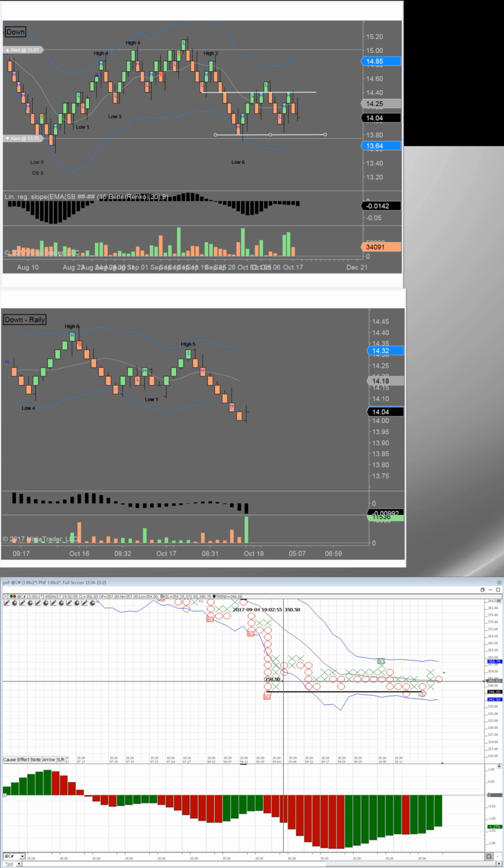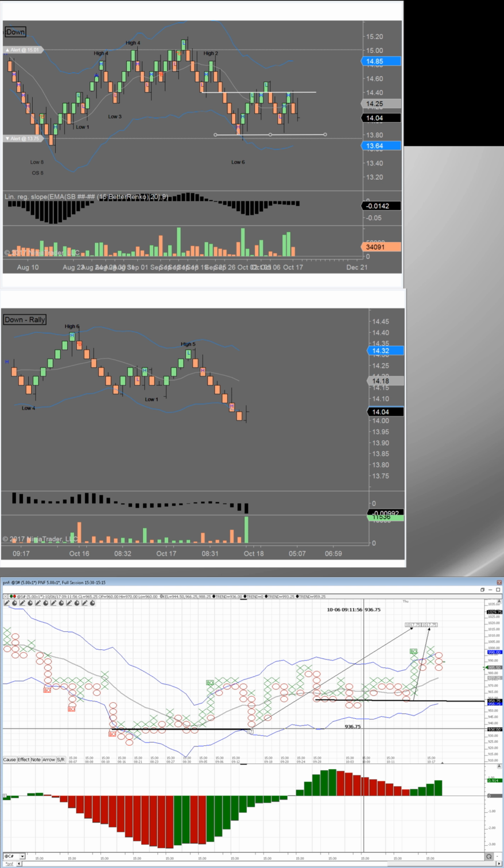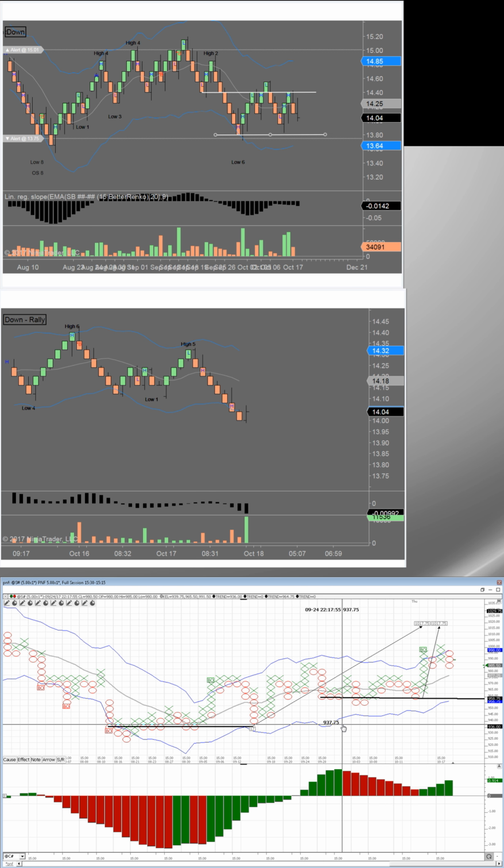On the figure chart, what's going on? Figure chart off of the base of 9.